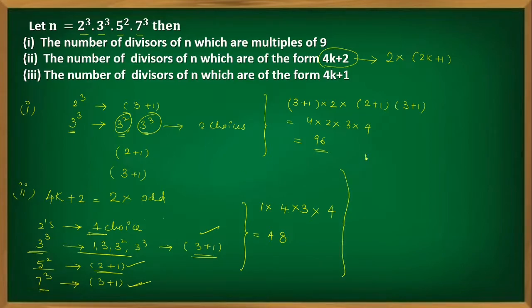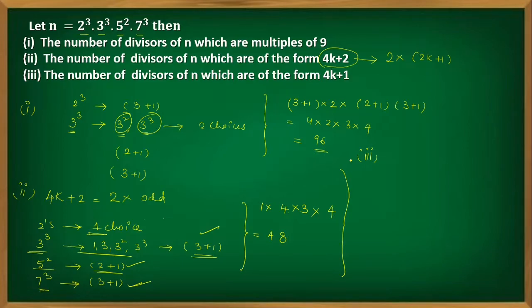Now the third question. For the third question, let me explain something about these forms: 4k plus 1, 4k plus 3, 4k plus 2. Let's see first what happens with these forms. The number of divisors of n which are of the form 4k plus 1.